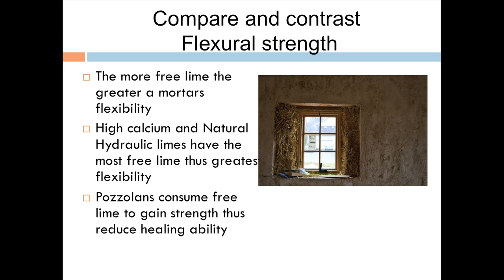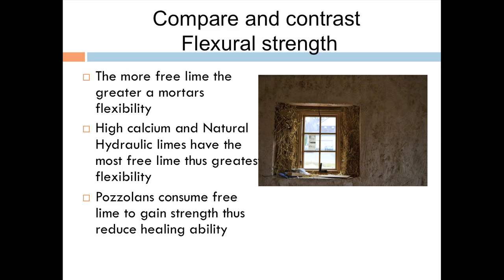And the pozzolans, they consume this free lime, and they end up gaining strength that way, causing a hydraulic reaction. Just like in the Hoover Dam, where how did it get harder and gain strength? By consuming the free lime in Portland cement.